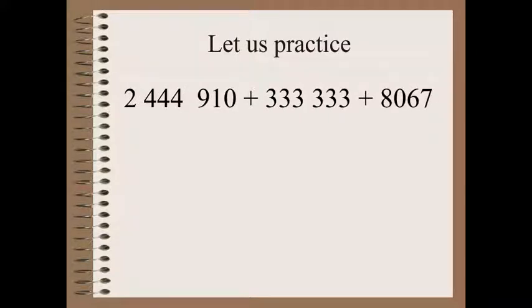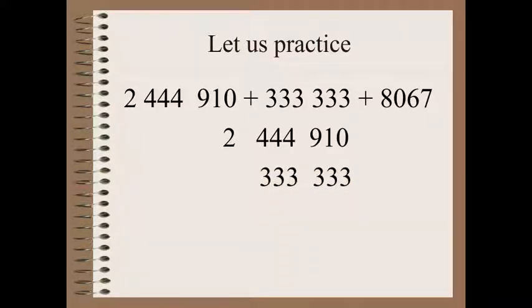Now here is another question for your practice. Yes, very quickly write it down in your notebooks and start doing the addition. First, write it vertically. I have written the first number, then the second number, and then the third number.